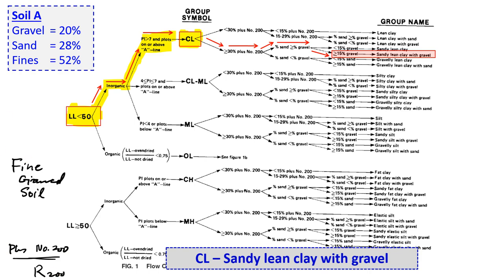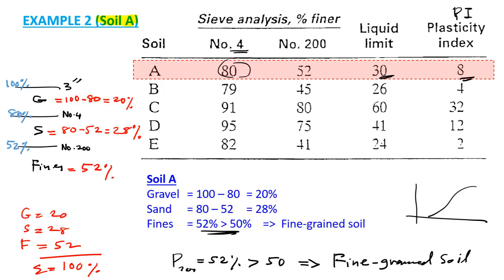If you go back and see, our passing number 200 sieve is 52%. So fines are actually passing, and passing is 52%. If passing is 52%, what is going to be retained? As I told you, passing plus retained is always 100, so it is going to be 100 minus 52.